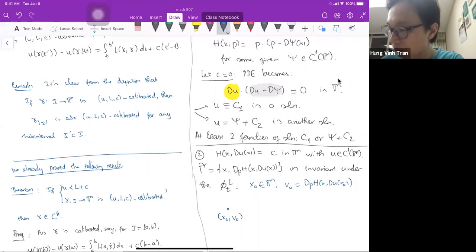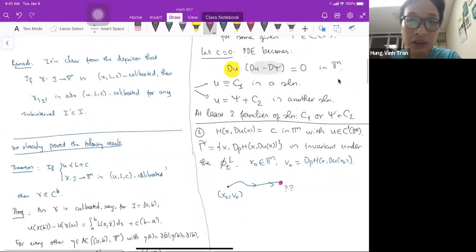Those are the two initial data for us to start the Lagrangian flow, right? The problem is that we don't know yet what the other endpoint is for the minimizing problem. So how to run the ODE is questionable.